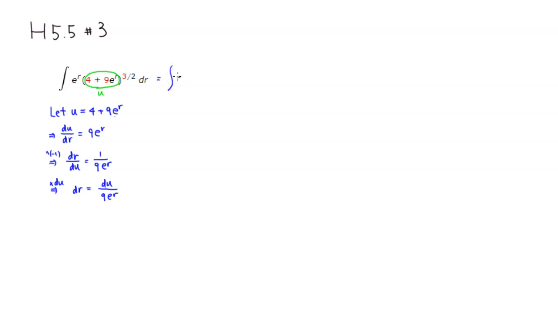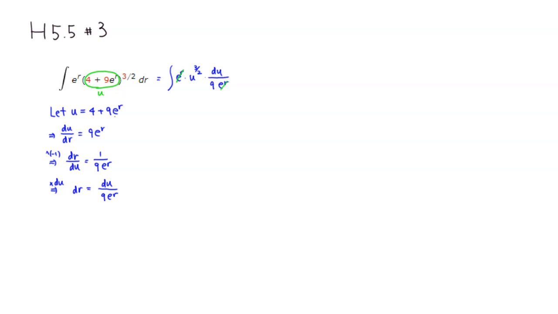I'm going to leave e to the r as e to the r for now. And then you have u raised to the 3/2 power. And dr is now the same thing as du over 9 e to the r. So you can cancel e to the r on top with e to the r on the bottom.